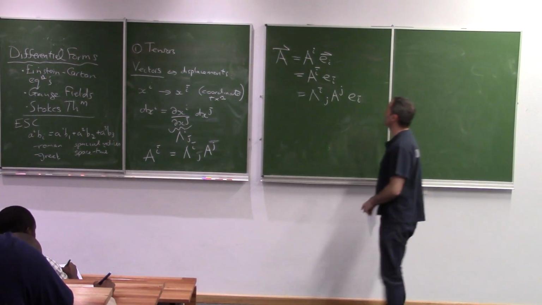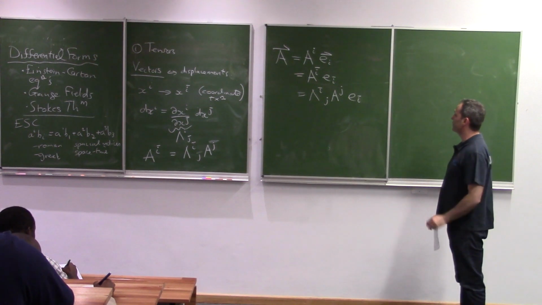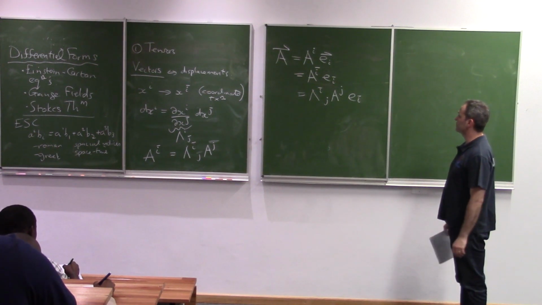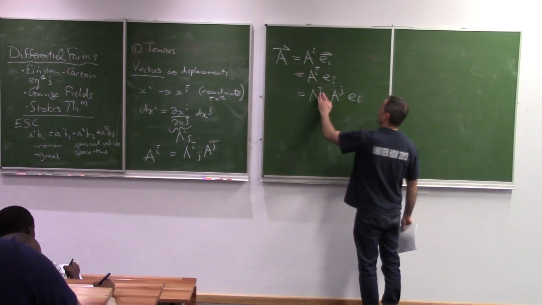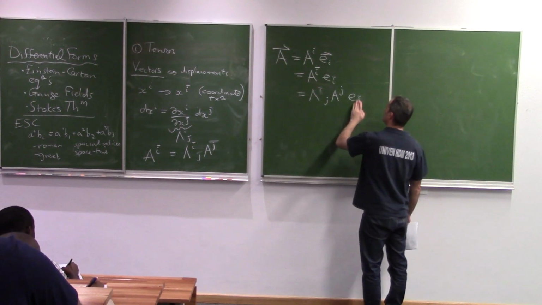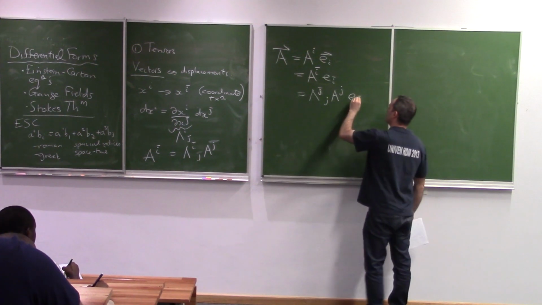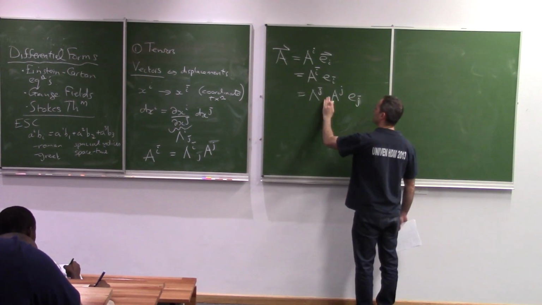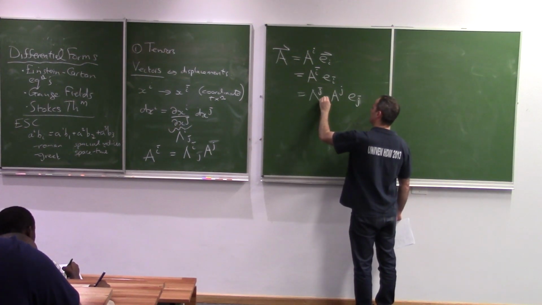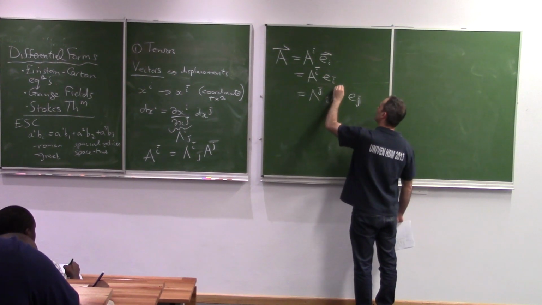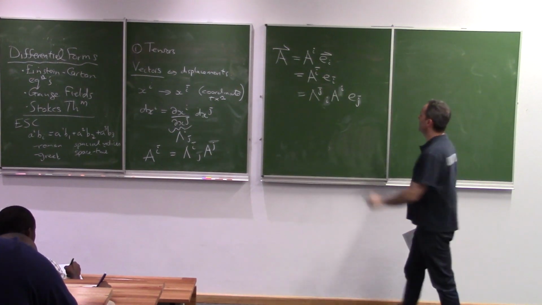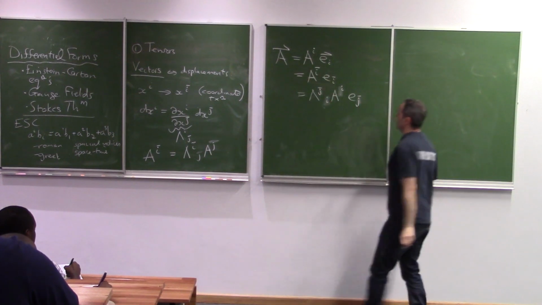And the nice thing about Einstein summation convention is that I can relabel my indices, which is not going to affect anything. I'm actually going to call that index j bar, and then we call this unbarred i.